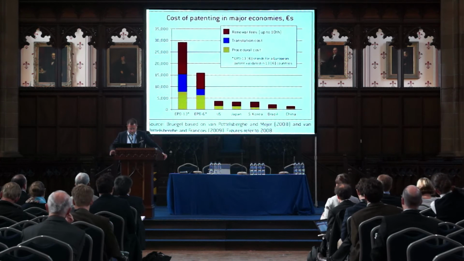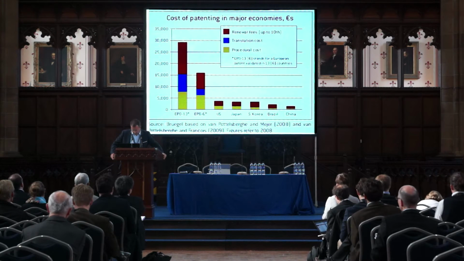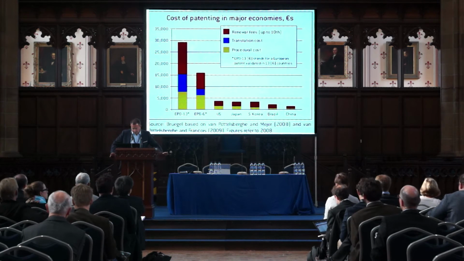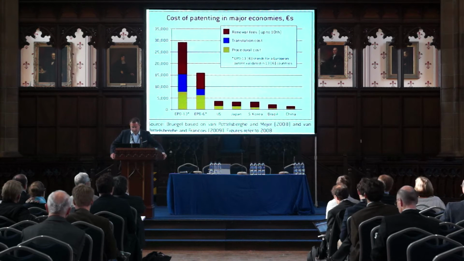So the consequence of this, I will focus on fees, because there are a lot of issues, and the next presentation by Esther will talk about the Unified Patent Court. But the current system is this one. Broadly speaking, if you want to go to 6 countries, you are 4-5 times more expensive than a US patent for protection for about 10 years. If you go to 13 EPO countries, you are at 30,000.